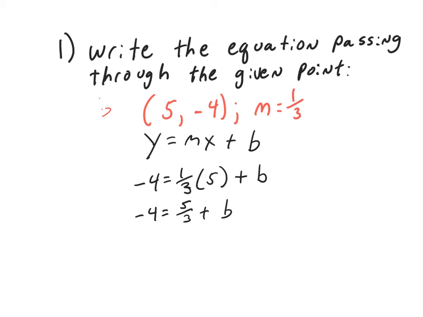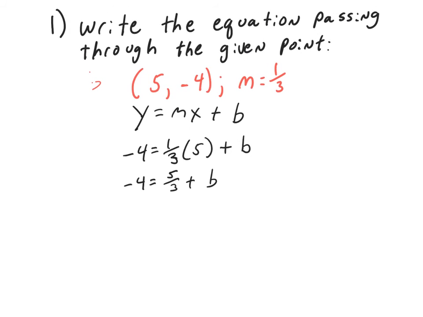So we need to subtract 5/3 from -4. We're going to do -4 minus 5/3.